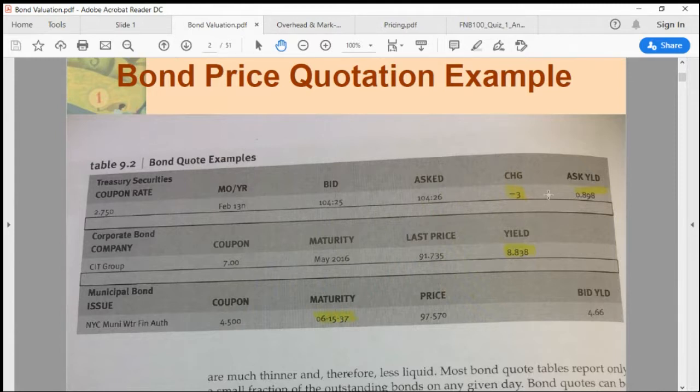FINRA, right? FINRA is the acronym for Financial Industry Regulatory Authority. I will have to look up the acronym.